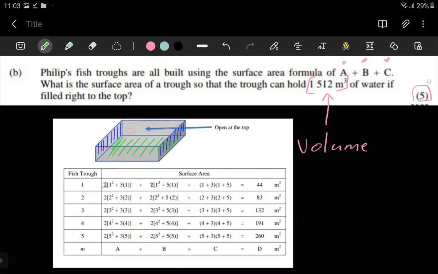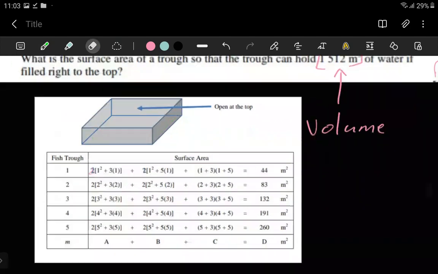But then it's a 5-mark question, so we also may not want to overthink it, because there's really no reason to overthink it. Let me see. Let's try and think creatively based on the formulas we were given down here.